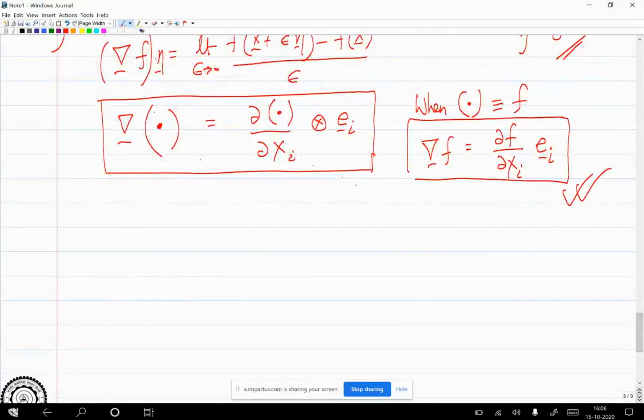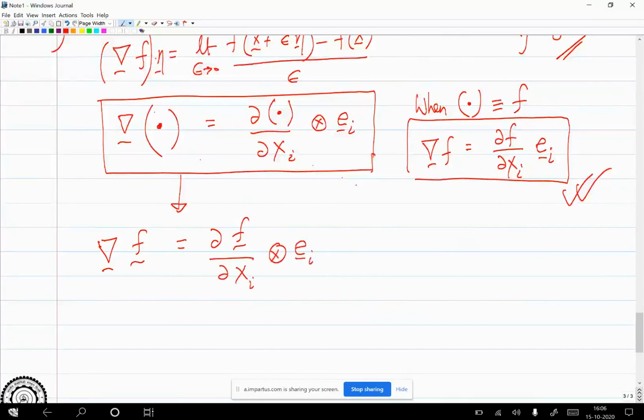But this we could see just for scalar. Now we can use this formula to obtain the gradient of even a vector. For example, the gradient of a vector f is equal to del f divided by del xi, tensor product ei.